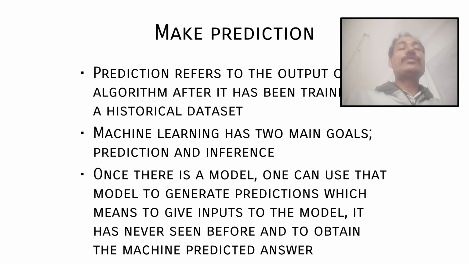Machine learning has two main goals, prediction and inference. Once there is a model, one can use that model to generate predictions, which means giving inputs to the model, which it has seen before and has never seen before, to obtain the correct or desired output.